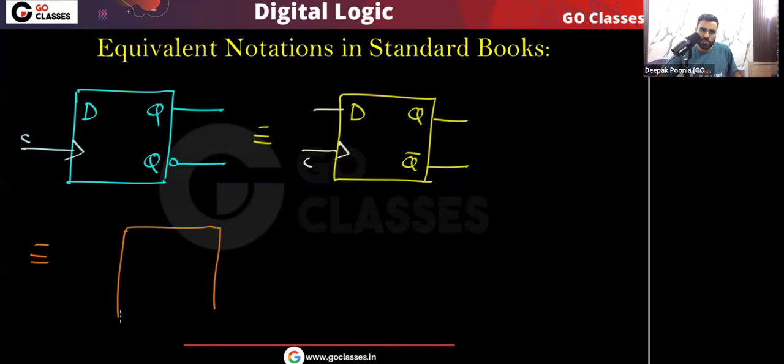Now you can see the equivalent way. I can draw this logic symbol for the D flip flop like this. I can write just Q here and put a bubble here. That's it. Or I don't write anything here.